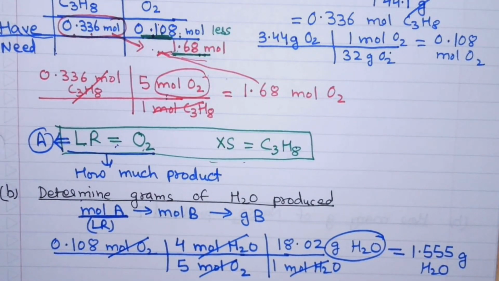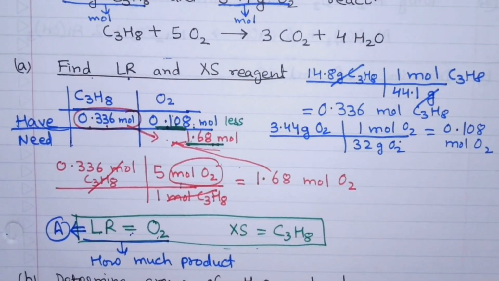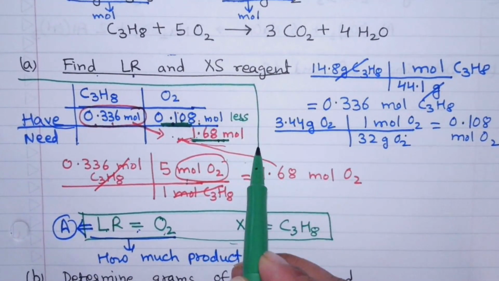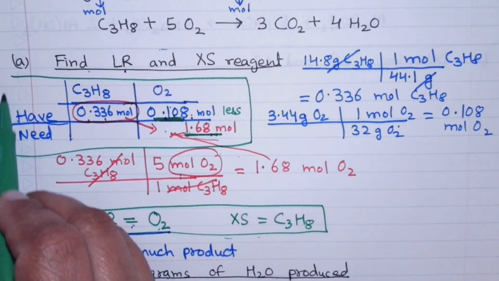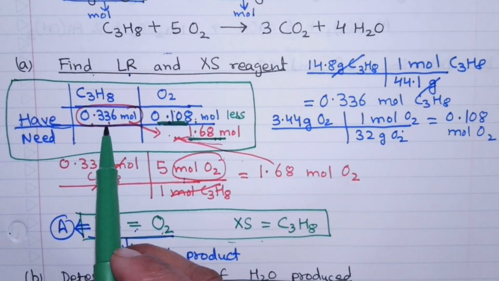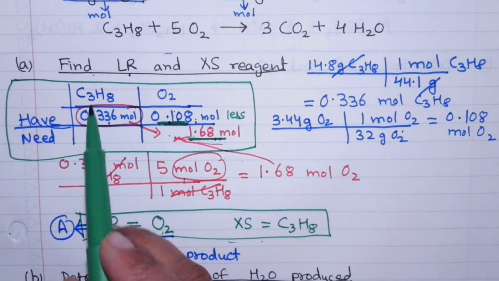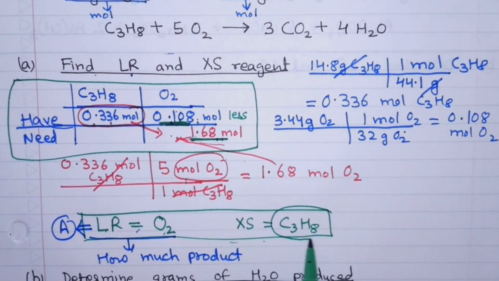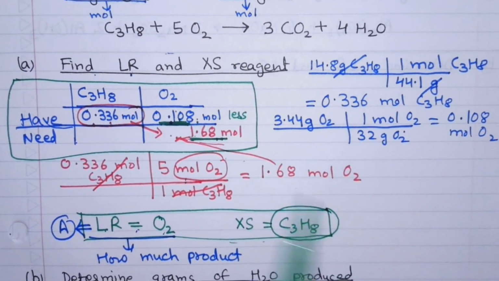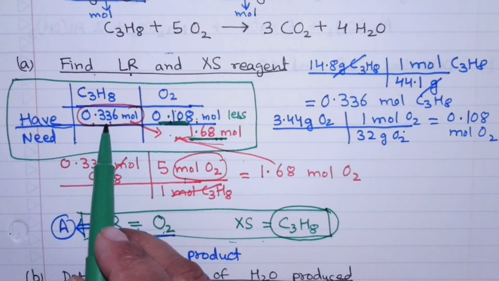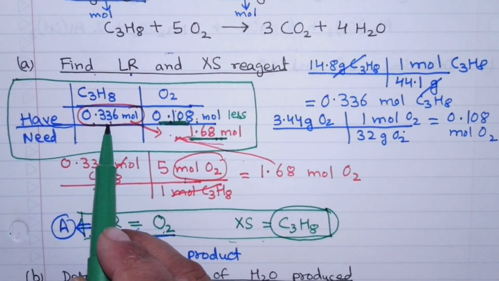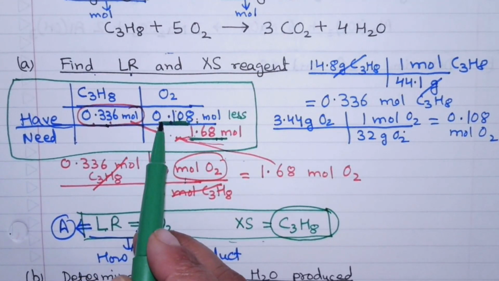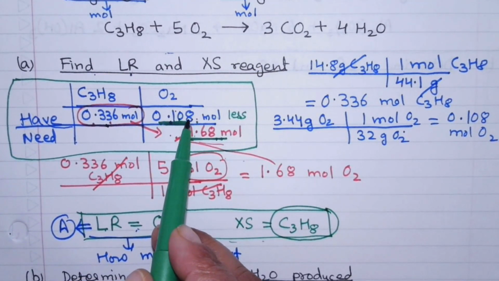Now the third part of the problem is determine the grams of excess reagent left over. For this, let's come back to our have versus need table. So this was our have versus need table. So in order to calculate how much of the excess reagent was left over, since C3H8 is our excess reagent, first we will figure out how much of the excess reagent was actually used up by 0.108 moles of oxygen.